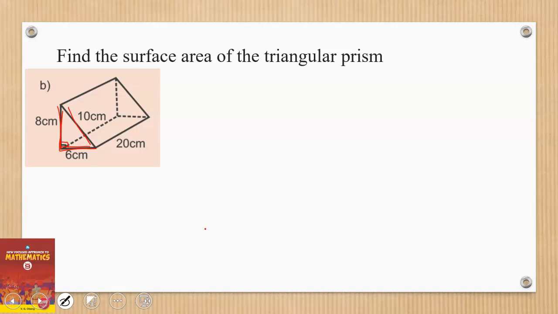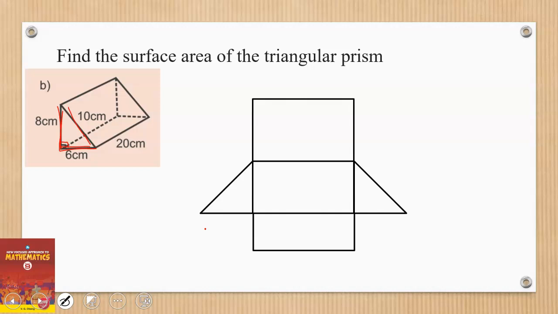Okay, so if you put it in the net, this is how you're going to see it. Let's call this area A, area B, area C. Each of them is different. Then area D has the same area for both sides because the two bases are going to be the same. So how do we find area A?